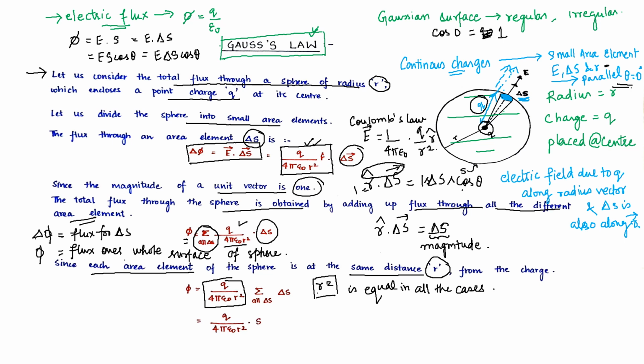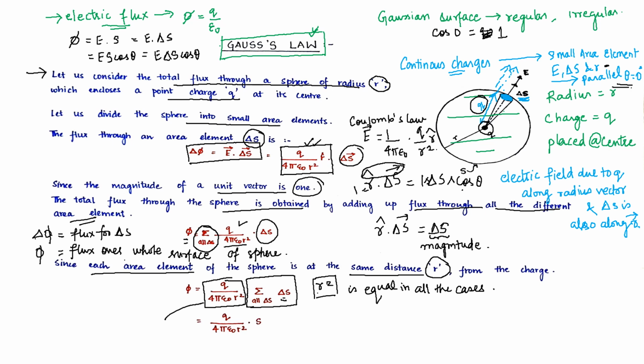See, this is our sphere, and a sphere has equal radius from the center to its surface, and at the center we are placing the charge. So the position vector for any point on the surface of the sphere will be equal. So we are taking that here and only summing over the small area element.